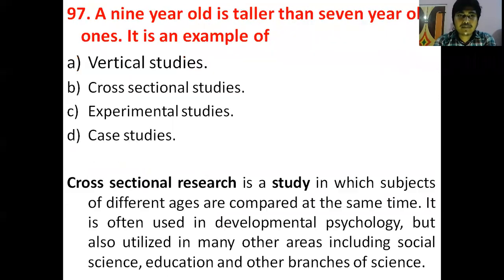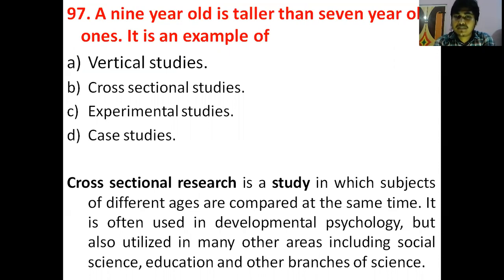Next question is, a nine-year-old is taller than 7-year-old ones. It is an example of, where option is given, vertical studies, cross-sectional studies, experimental studies, case studies. See, cross-sectional research is a study in which subjects of different ages are compared at the same time.